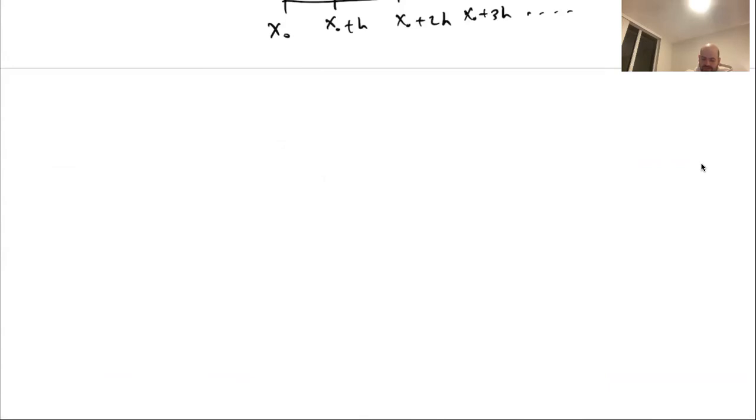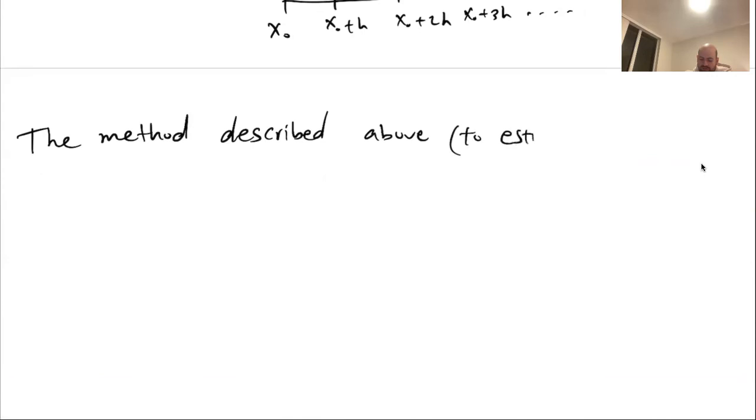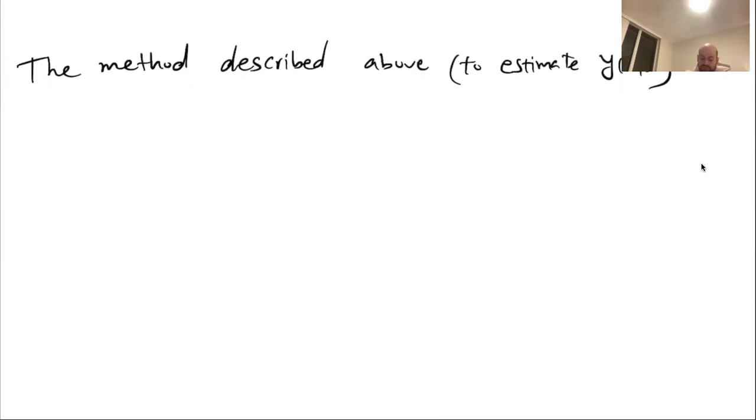The method described above to estimate y of x1 is called the Euler method.